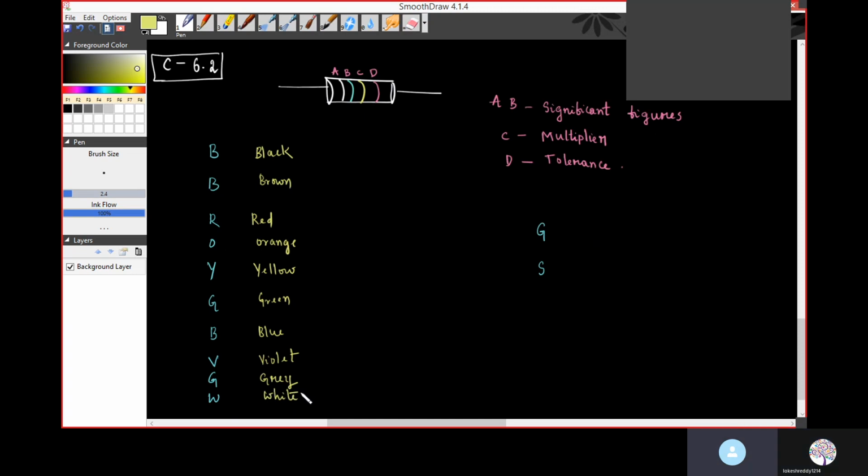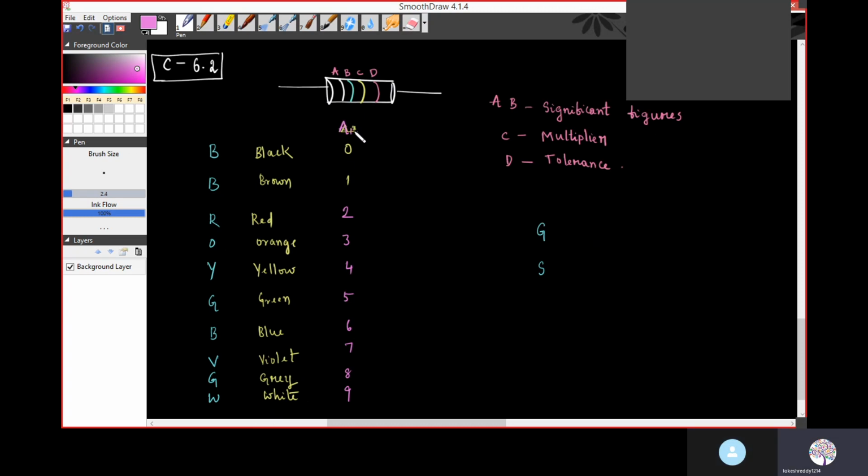Then for A and B we write 0, 1, 2, 3, 4, 5, 6, 7, 8, 9.